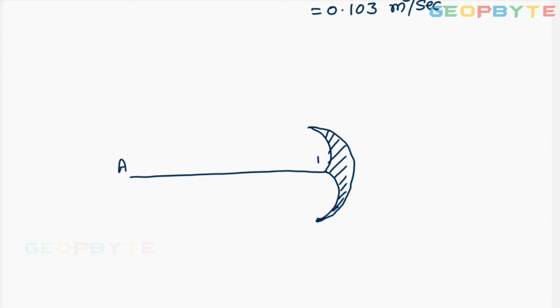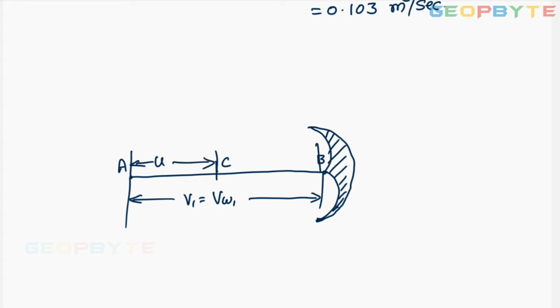Let AB be the jet velocity. This jet velocity V1 equal to VW1. And AC be the blade speed U. And BC be the relative velocity VR1. That relative velocity VR1 equal to V1 minus U.